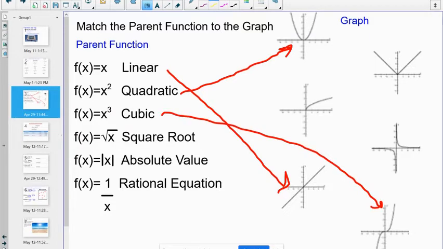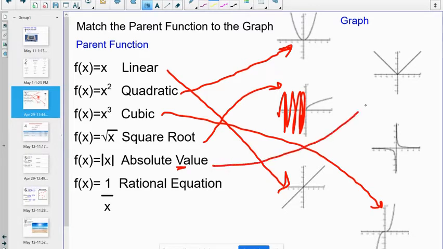Square root. Remember, you can't have a negative square root. So there's nothing going to be on the negative side of the y-axis, which shows over here. See how there's nothing on that negative side? So we know that's a square root. We have absolute value, so it's shaped like a V, this one.